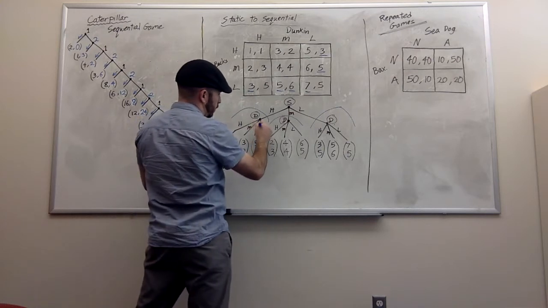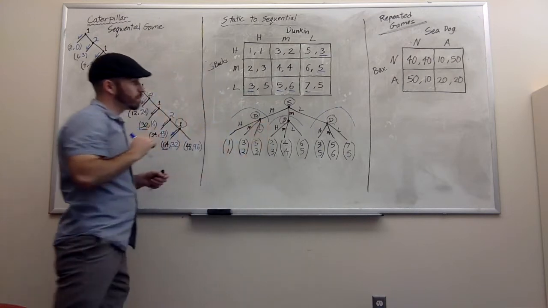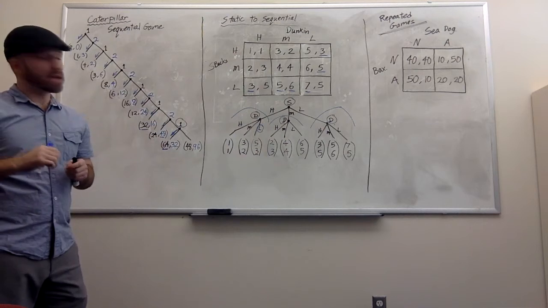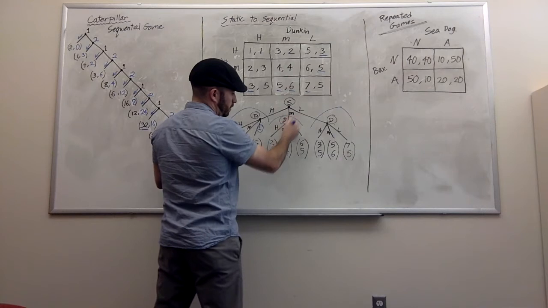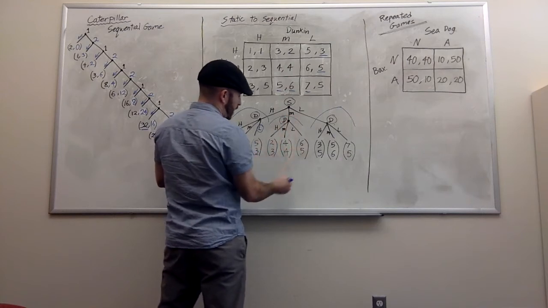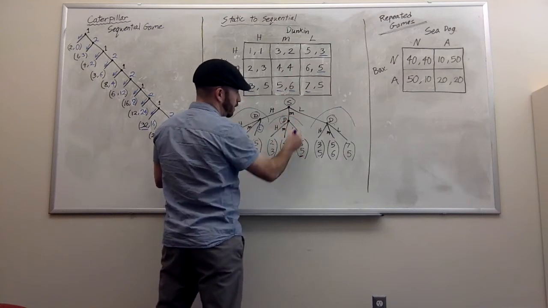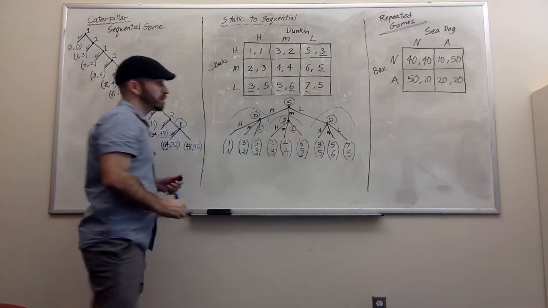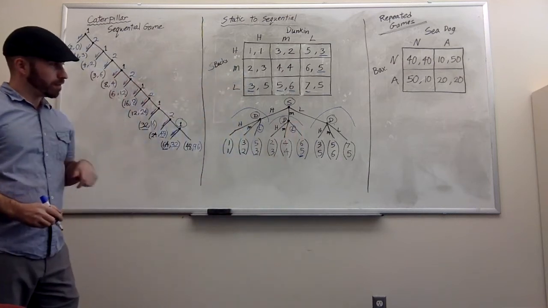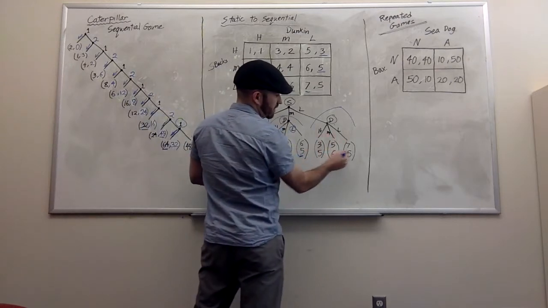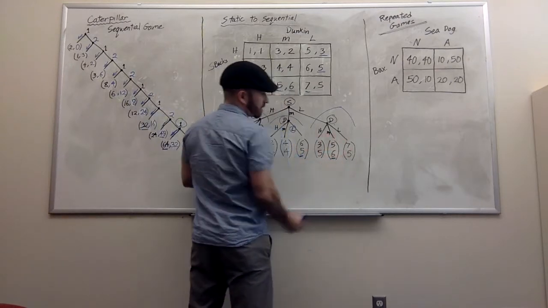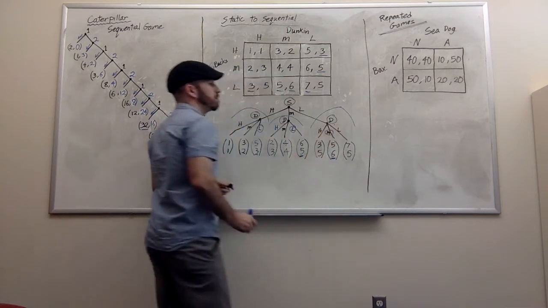Therefore, Dunkin' will choose low in that subgame, right? And over here, Dunkin' can choose between 3, 4, and 5. Again, they like low. So Dunkin' will choose low. And over here, Dunkin' is choosing between 5, 6, and 5. They like the 6, so they will choose medium.